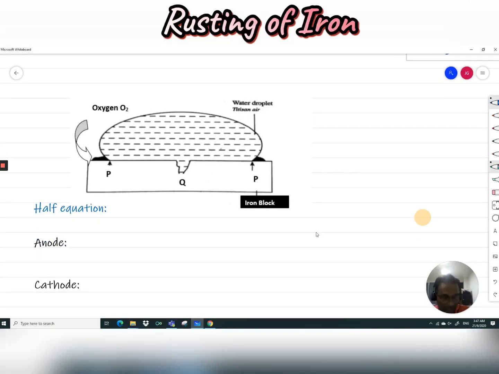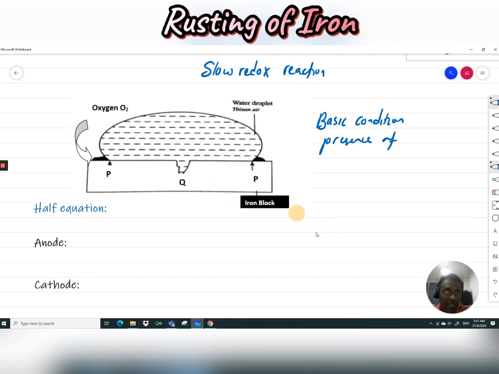So rusting is a slow redox reaction. The basic conditions required for the rusting process are the presence of oxygen and the presence of water molecules.